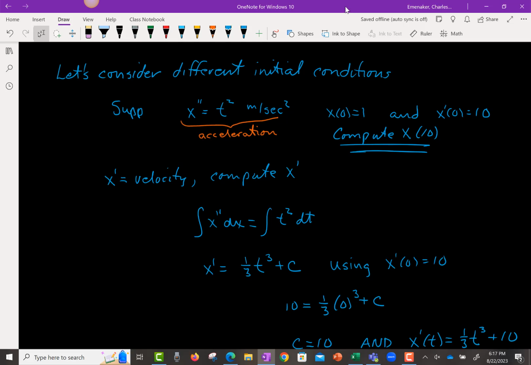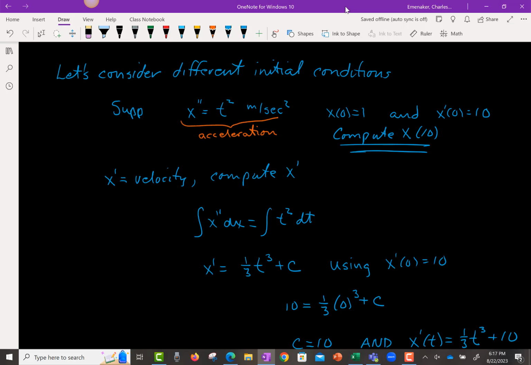Remember, if x of t is the position, that means that x prime of t is the velocity, and then x double prime of t is going to be acceleration.